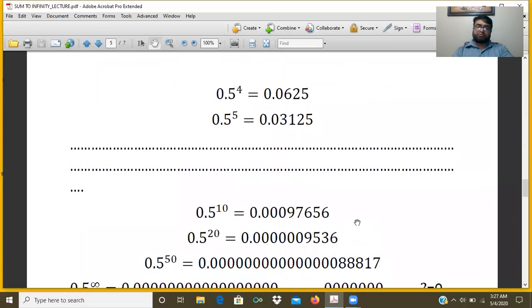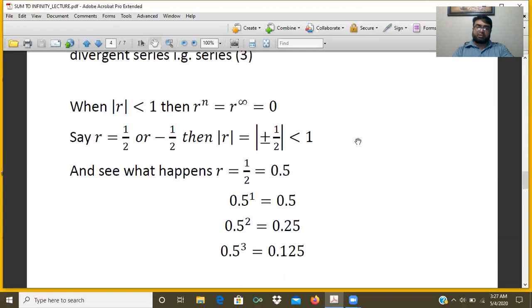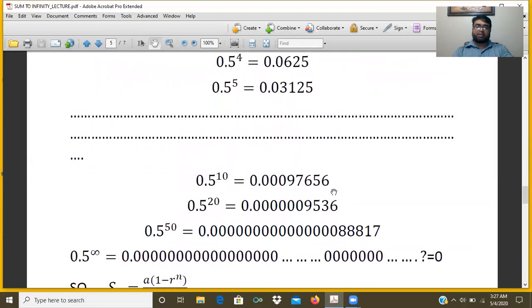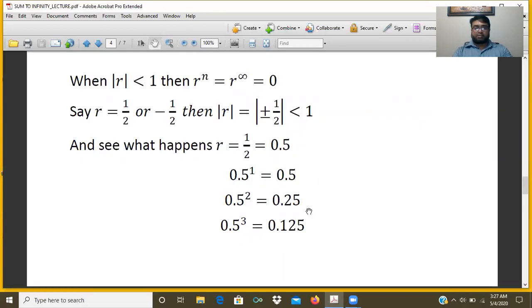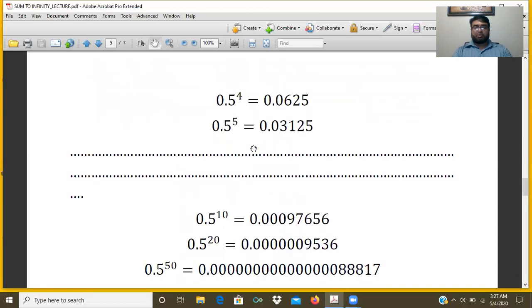If you notice one interesting thing, the power is being applied more and more, higher values, but the result is actually getting less. 0.5 to the power 4 is 0.0625, power 5 is 0.03125. If the power is 10, then it is 0.00097656.